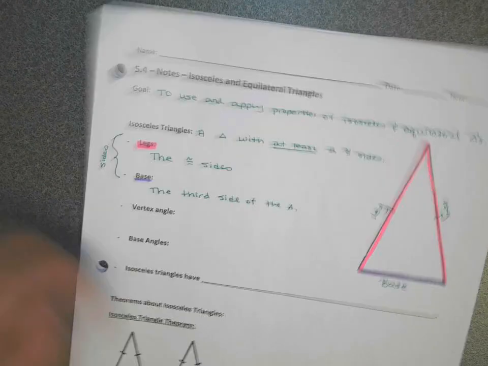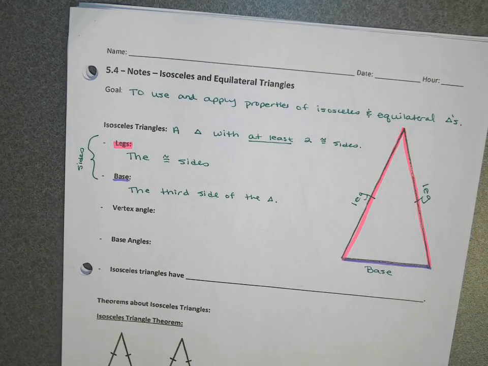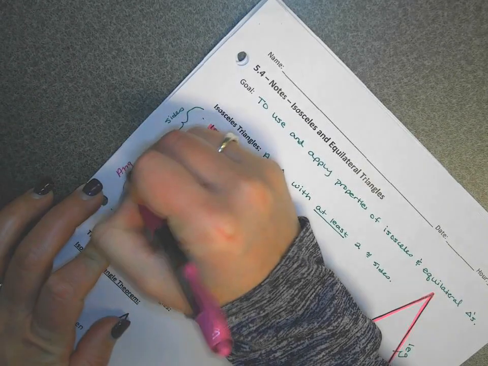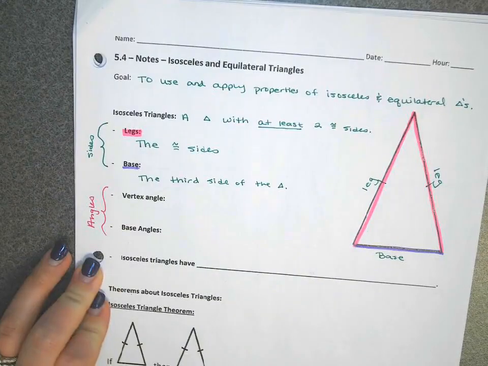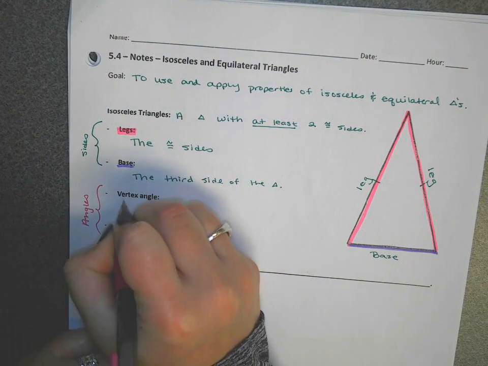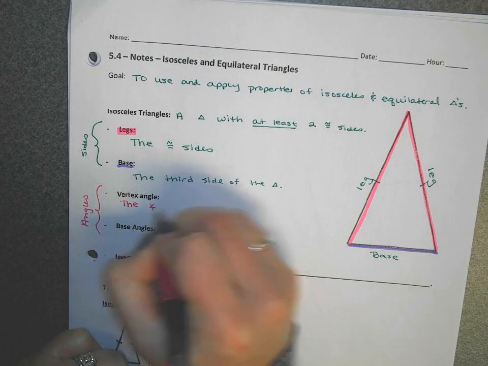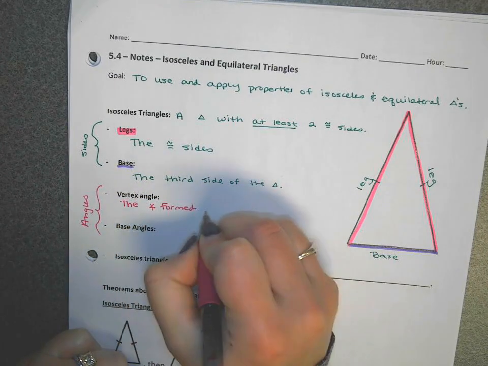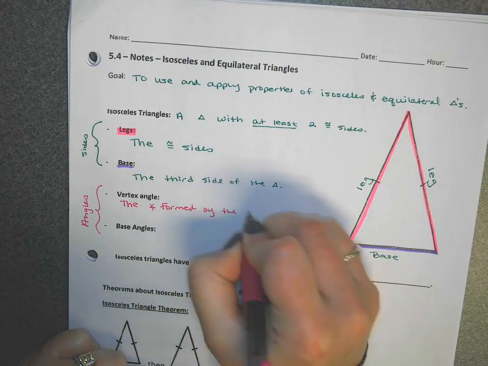Then for the angles, we use these terms, the vertex angle or the base angle. And the vertex angle is the angle formed by the two legs.